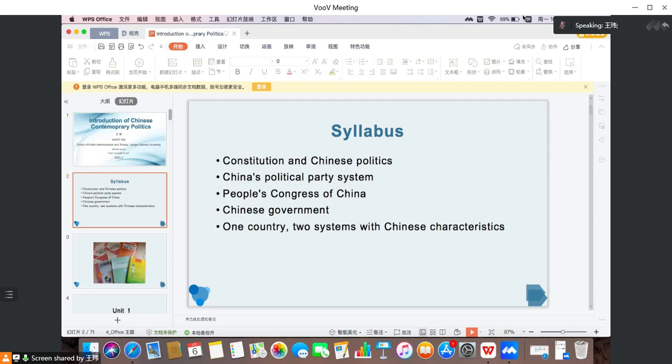And the next one is our Chinese government. We know there are the central government and the local governments, right? And we have to know about the relationship between the central government and local governments. We know in China, the local governments have to obey all the rules of the central government.